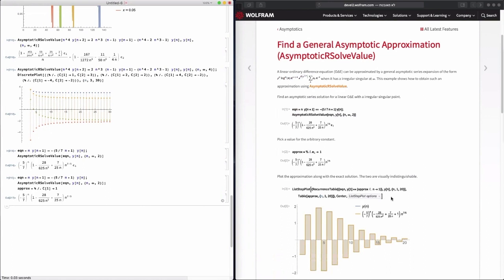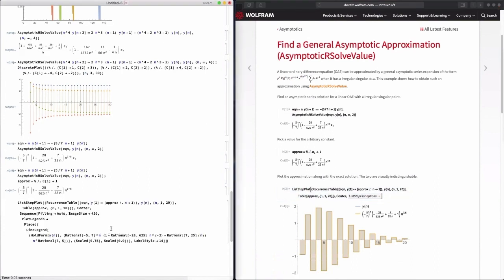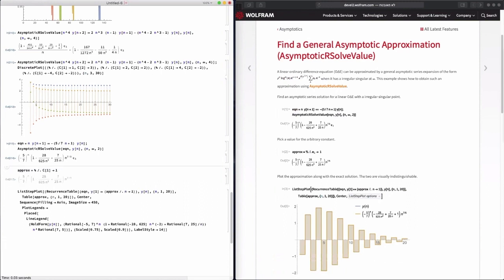In the previous example, we were plotting just different solutions. We didn't have an exact solution. In this case, we still don't have an exact solution, but we can use RecurrenceTable to approximate the correct answer. I'm actually going to change this and say, instead of using 1, I'm going to use 2.